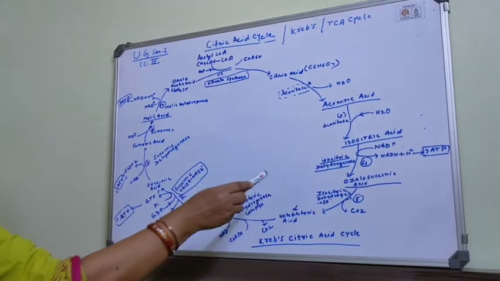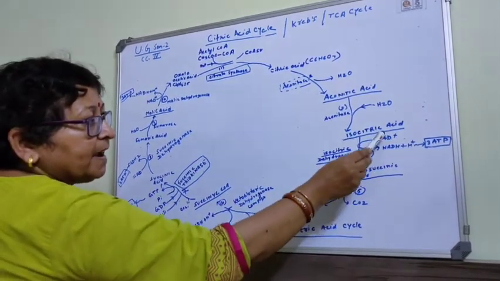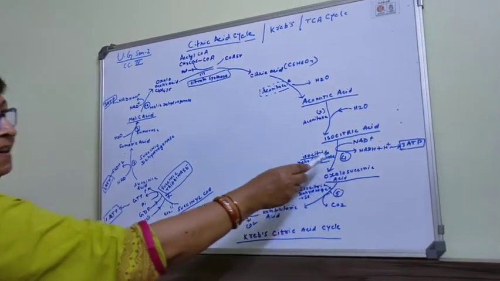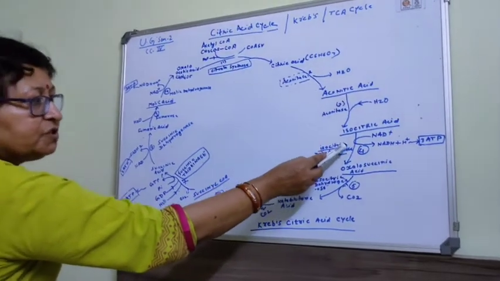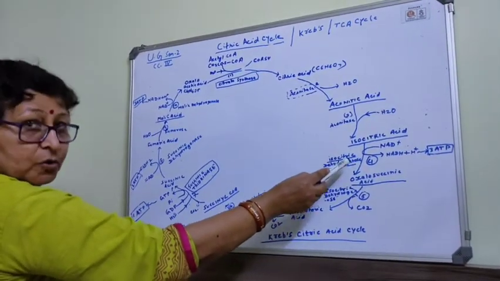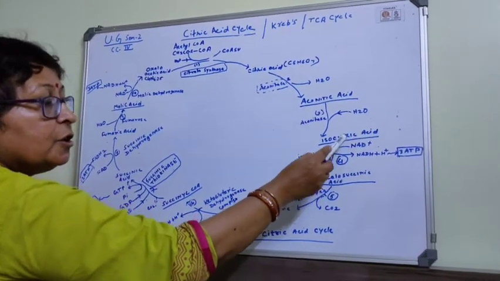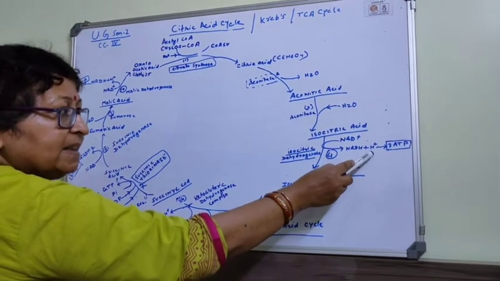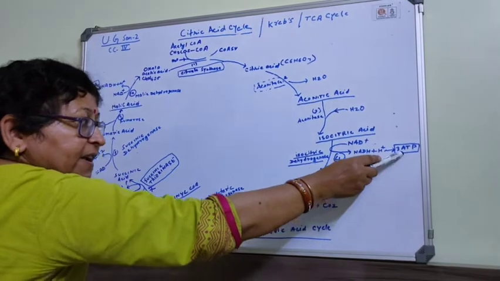molecule of water. In the next step, this isocitric acid forms oxalosuccinic acid in presence of the enzyme isocitric dehydrogenase. Here NAD is reduced to form NADH plus H plus and 3 molecules of ATP are generated.